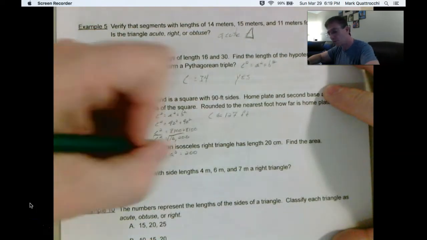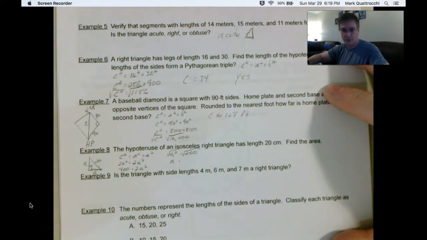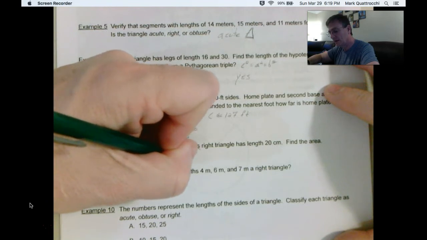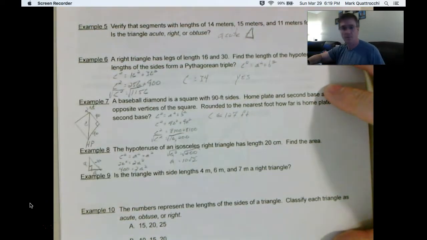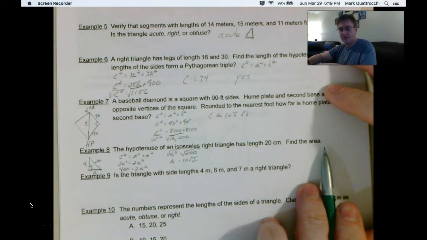Square root both sides. Again, a equals, this time I'm going to do simplest radical form because it's actually easier for this problem. So in this problem we get 10 square root 2. It's the square root of 200. Why did I do simplest radical form? Because in reality we're finding the area of this triangle.